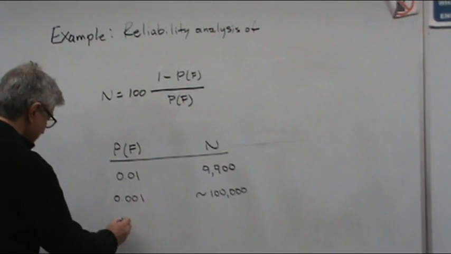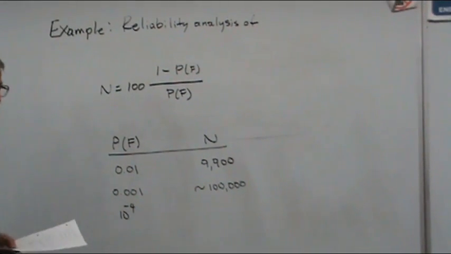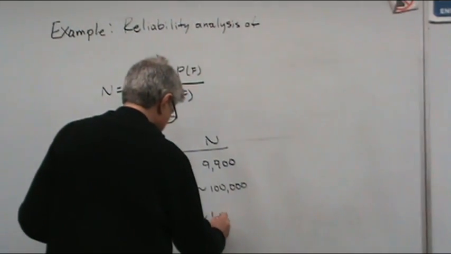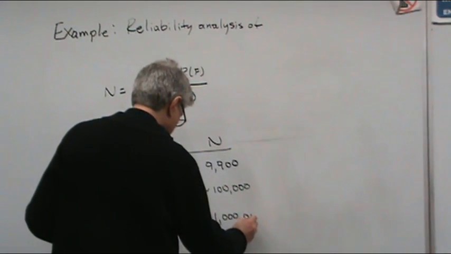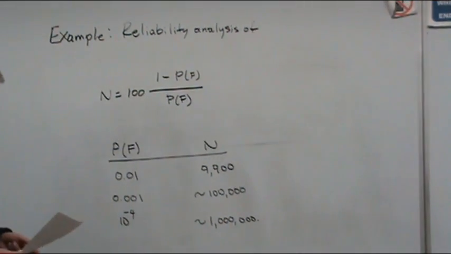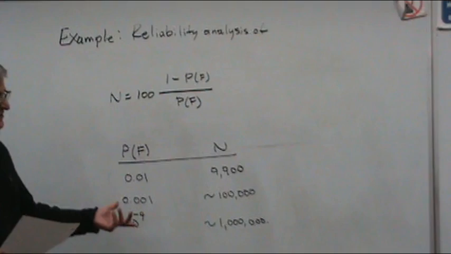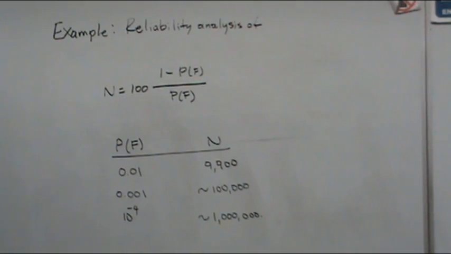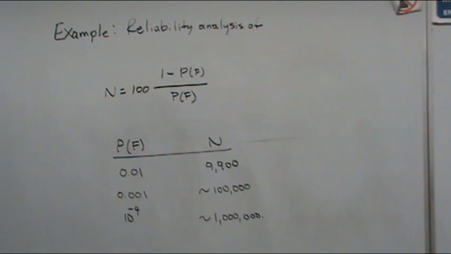If it is 1 per 10,000, then you need 1,000,000. Okay, so this is a problem because you don't want to analyze 1,000,000 beams to find what fraction fail. Okay, that's not good. All right.